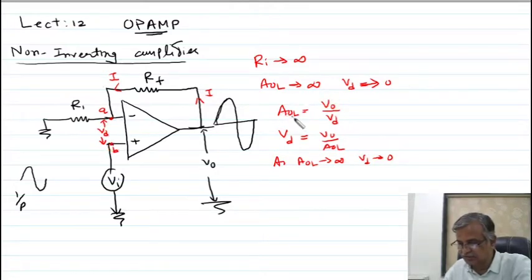I can show it this way. Open loop gain is given by VO by Vd. So Vd is equal to VO upon open loop gain. As open loop gain is very large, Vd tends to 0.